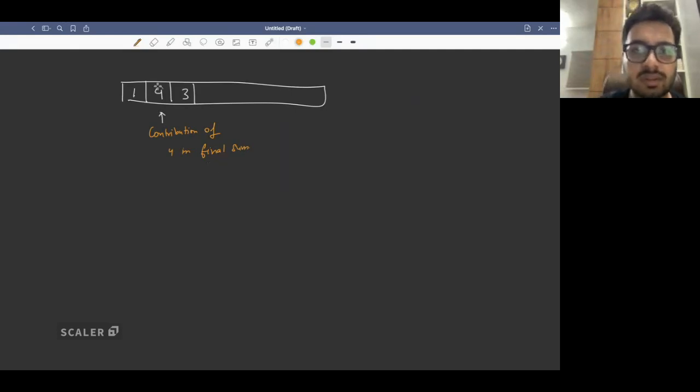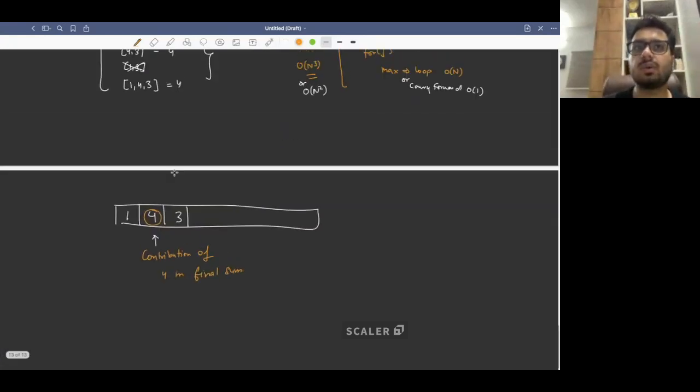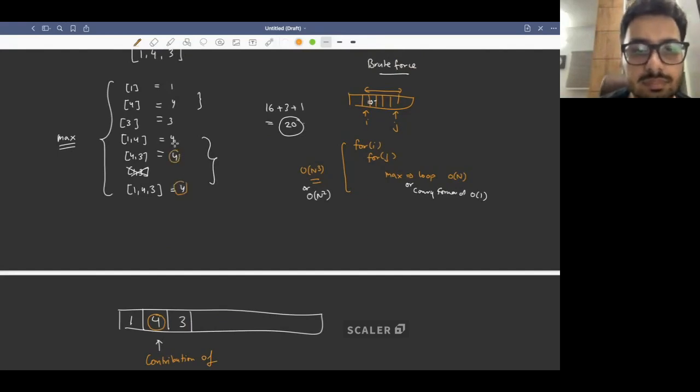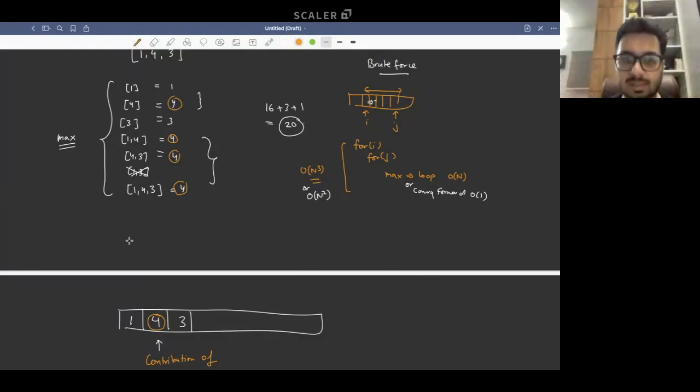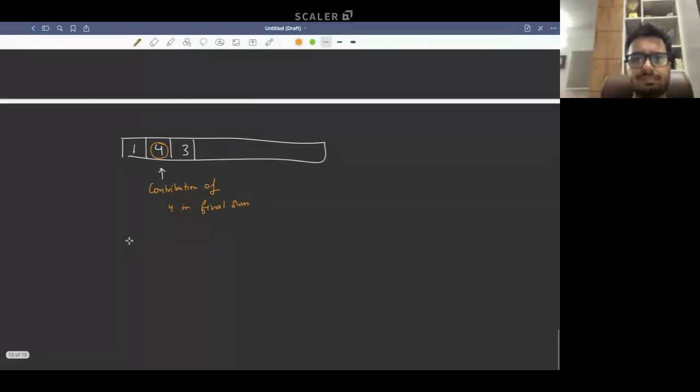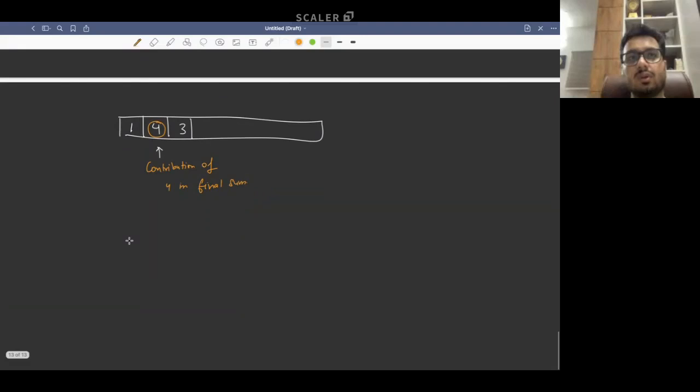If I know that 4 is going to contribute 4 times, I can just do it in O(1) for 4. If I get to know 3 is going to contribute these many times, my life would be easier, right? Good. How do I get to know?